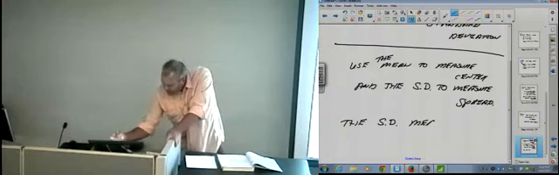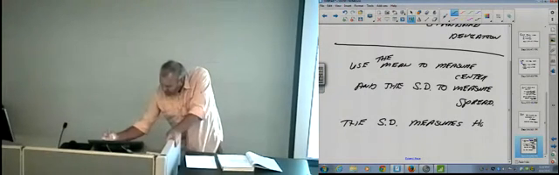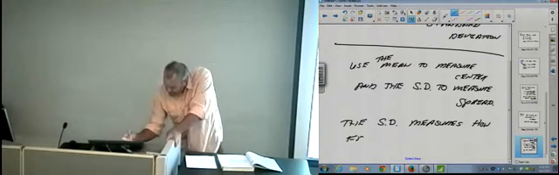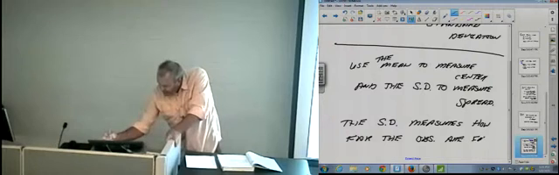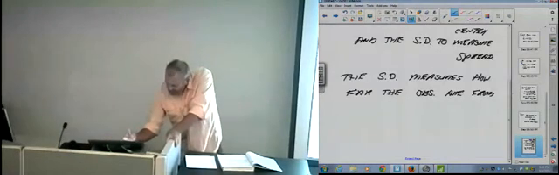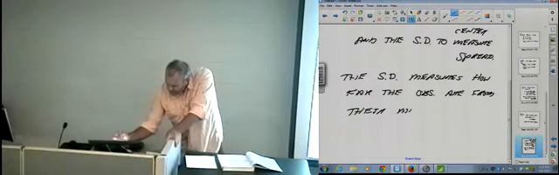The standard deviation measures how far the observations, remember, those are my observations, are from their mean, on average.